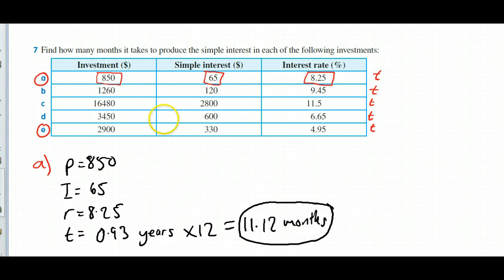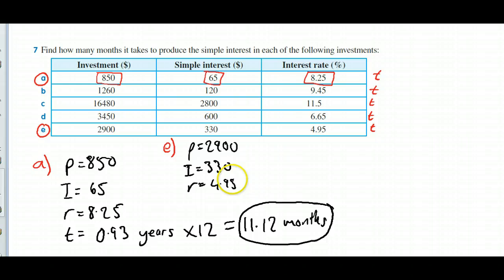For the other one, for E, let's do the same thing. We've got P equals 2,900. We've got I equals 330, and we've got R equals 4.95.